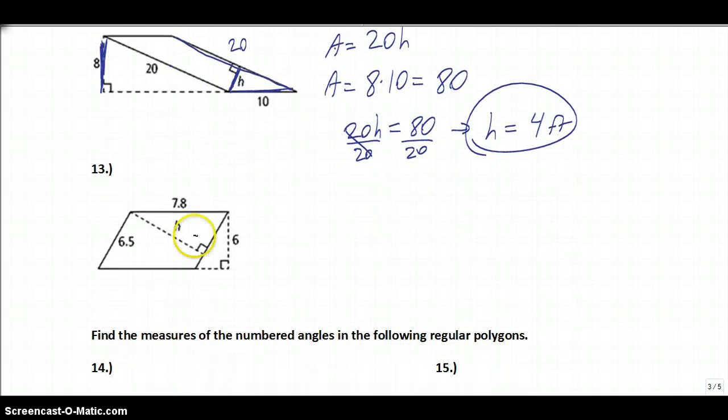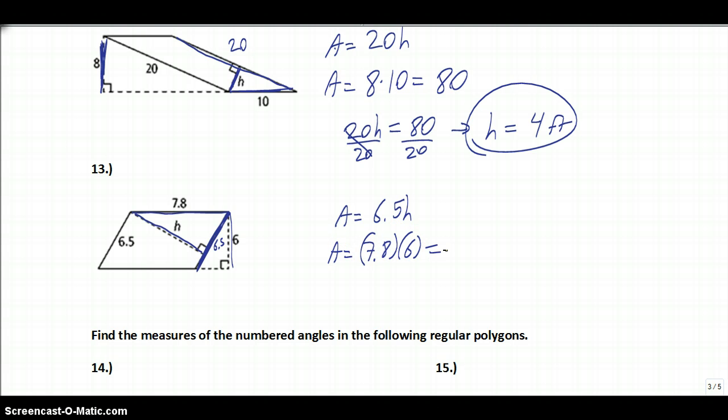Same thing for 13. Here's the height, and which segment is it perpendicular to? Well, it's perpendicular to this, which is 6.5, right? So that means the area is 6.5h, but the area is also 7.8 times 6, right?